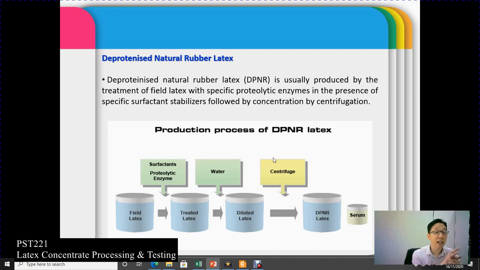So by producing a DPNR, we can eliminate or reduce severe effects of rashes on the allergic skin of users. So usually deproteinized natural rubber latex is specifically made for users that cannot tolerate or have allergies to protein, or else we can use conventional natural rubber products.